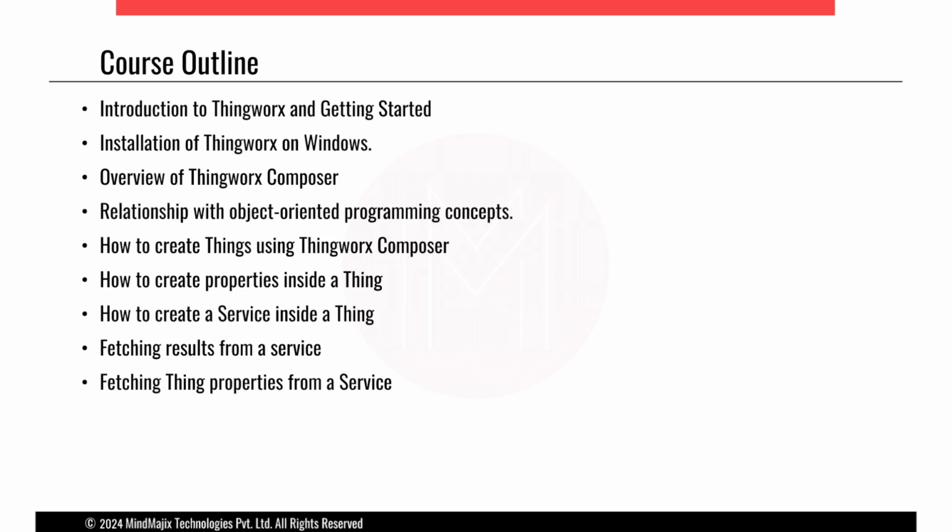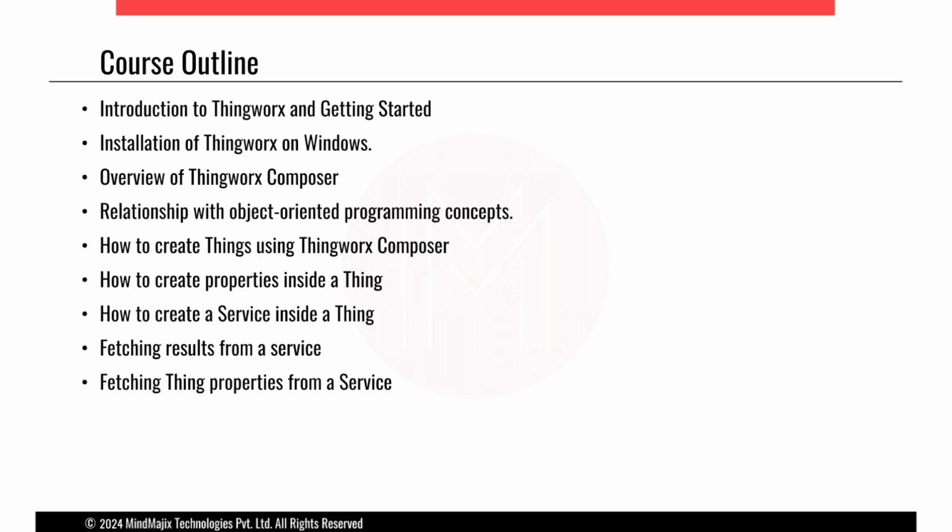Like we have classes and objects in programming languages, in the same way we have things and thing templates in ThingWorx, and based on that we have other entities as well, which are thing shapes, and some to represent our data coming in from the database.